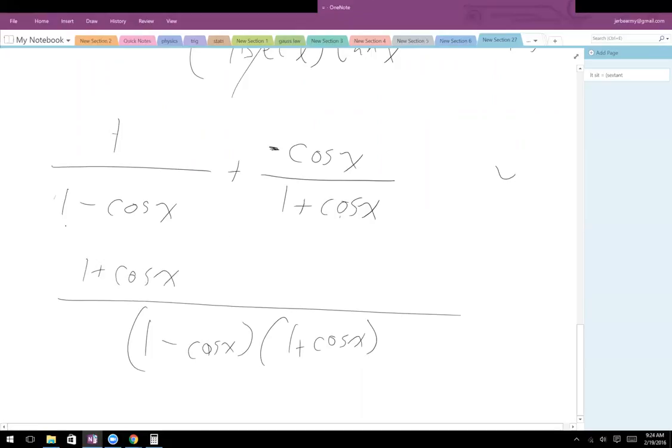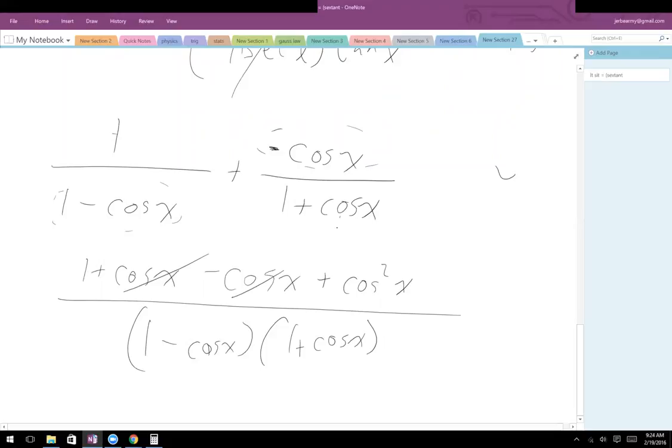And then we've got 1 minus cosine x times minus cosine. So that's minus cosine x and plus cosine squared of x. What happens to the cosines? Bye. Hope you're happy together.